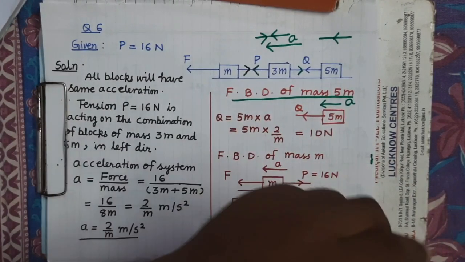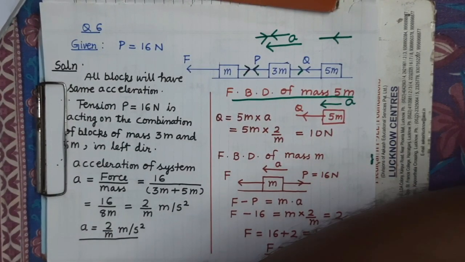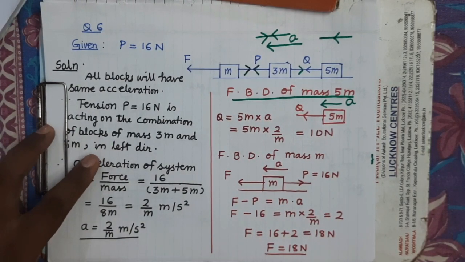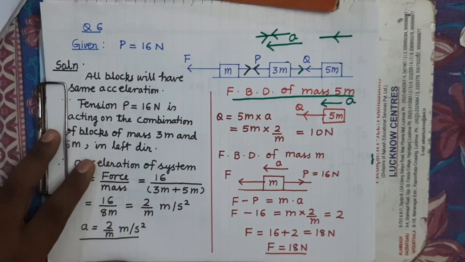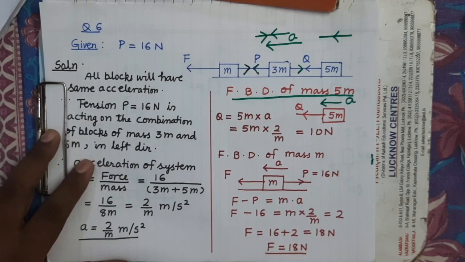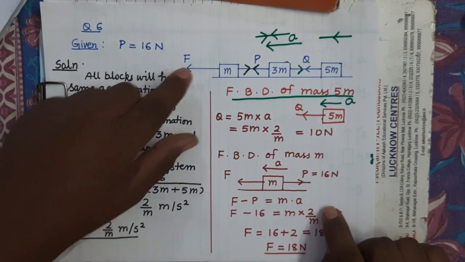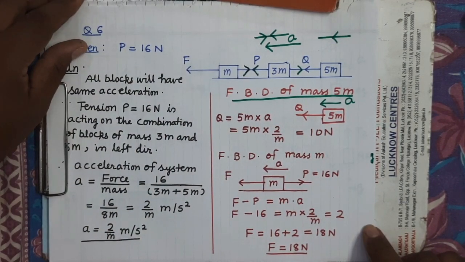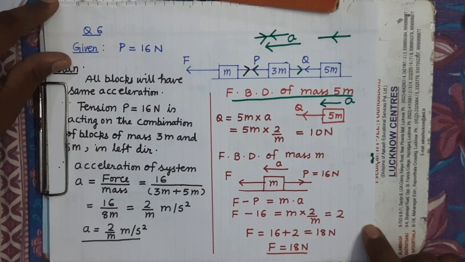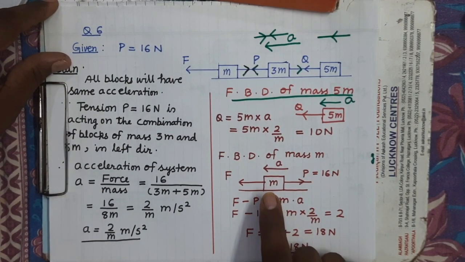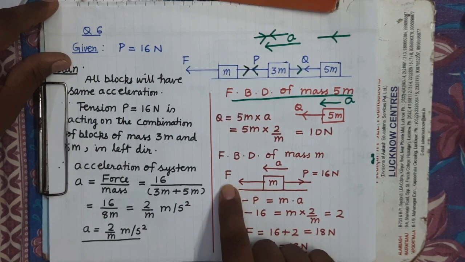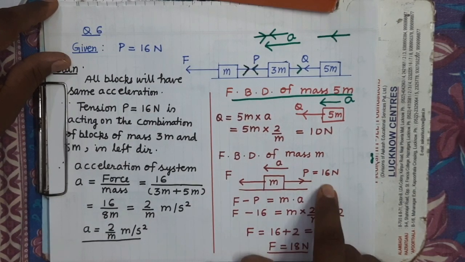It is clear? Now see here, in order to determine force F, we will draw the free body diagram of mass m. So you can see here, mass m is this, force F is acting in this direction, force P is acting in this direction. It is clear?